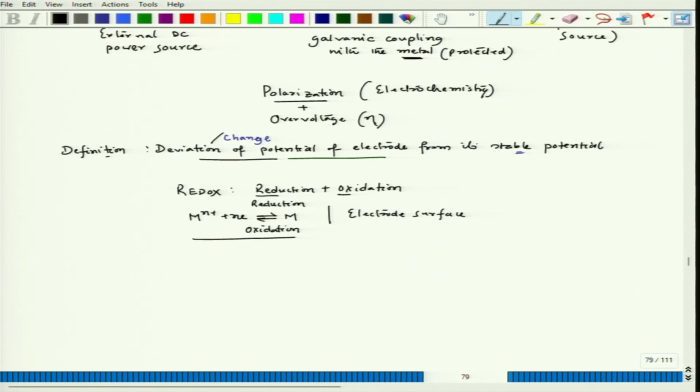So, at that time, if you consider fixed temperature and pressure and you carry out that reaction in a closed system, the system will try to reach equilibrium with time.